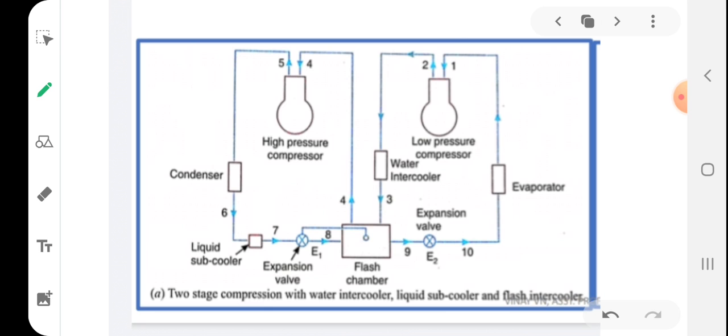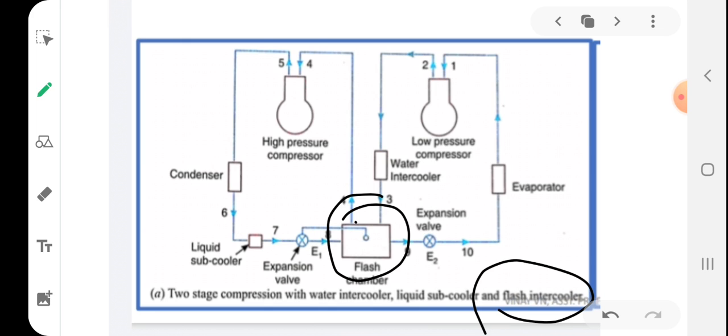So you can see here, instead of the flash chamber which was used for flash gas removal only in the previous case, here I am using the flash chamber as a flash intercooler, okay? So this is a flash intercooler.